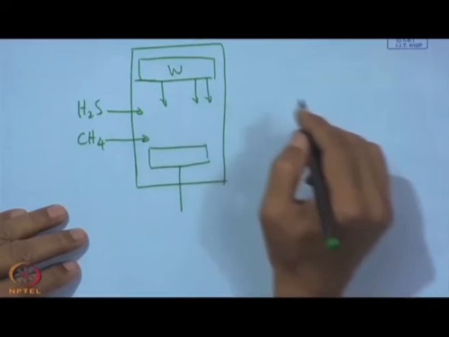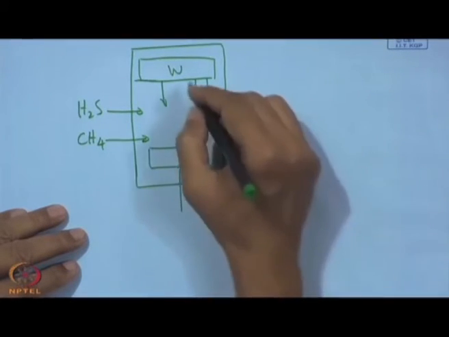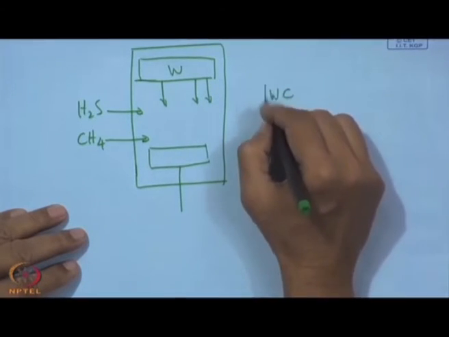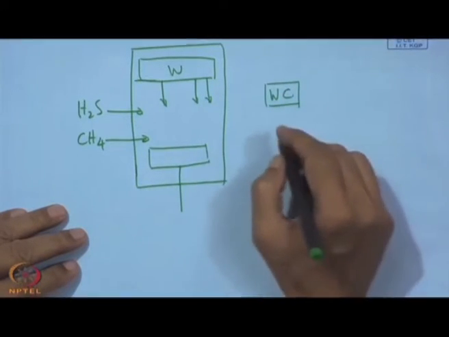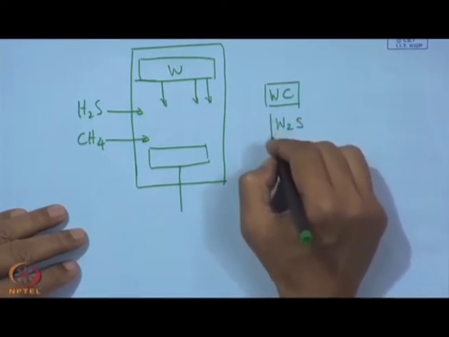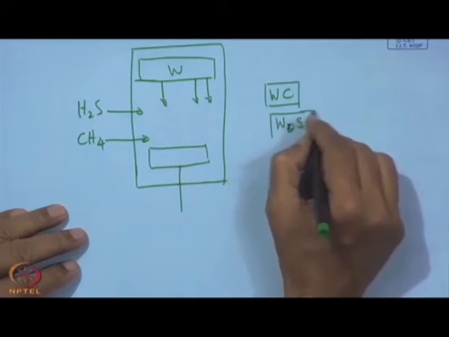So during the process what do we have? We have this reaction with WC, that will be one form, then we can also have W2S, WS2.